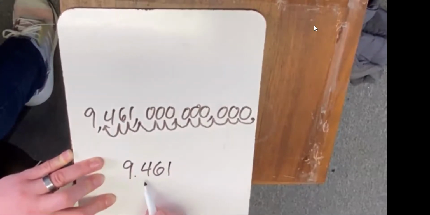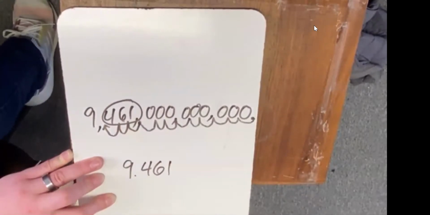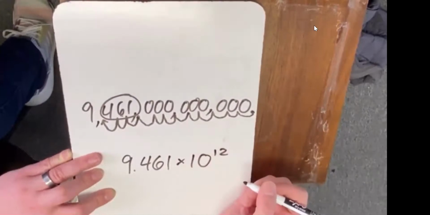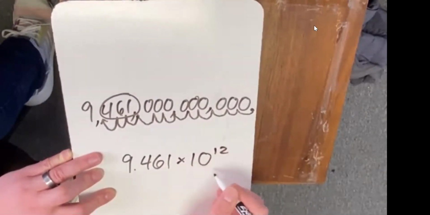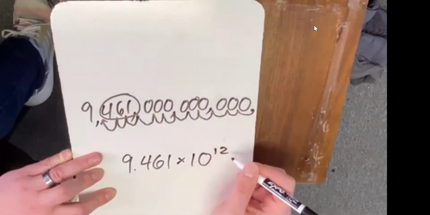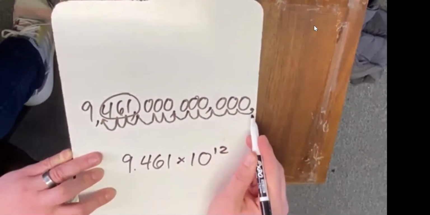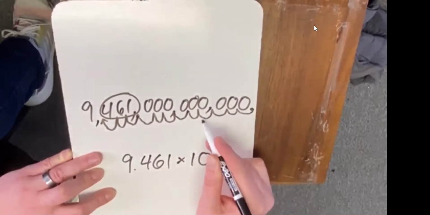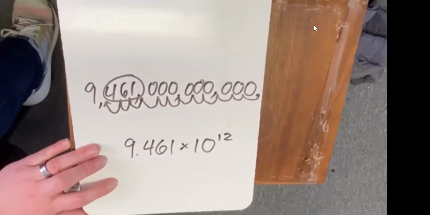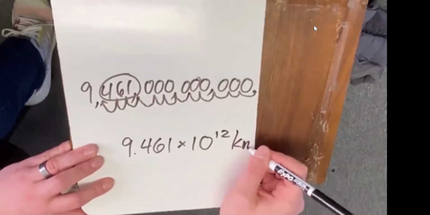I need to write those important numbers right there, the 4, 6, and the 1, times 10 to the 12. So 10, that's the power, to the power of 12, because that's how many times I moved that decimal point over. All right, so 9.461 times 10 to the 12, and this was kilometers.